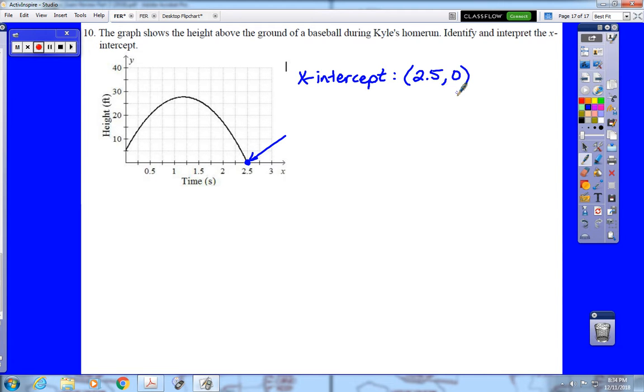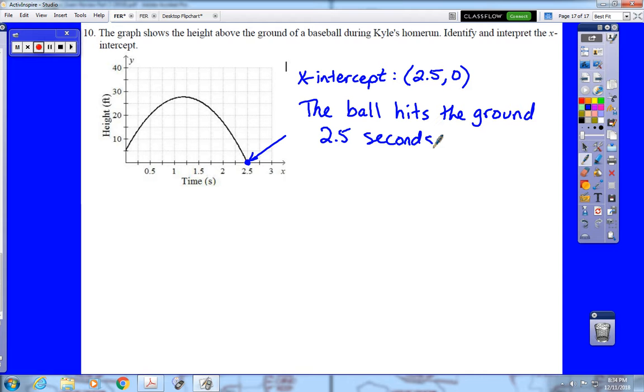2.50. Now when it says identify and interpret, it wants you to state what that point represents in the context of the problem. So 2.50 indicates that the ball hits the ground 2.5 seconds after being hit.